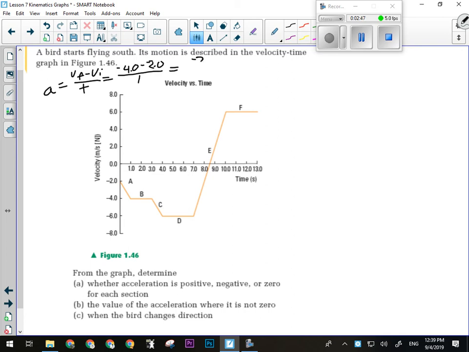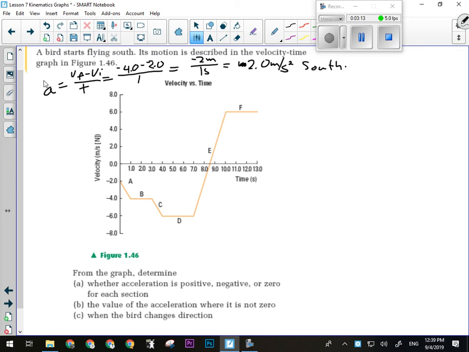That takes 1 second, so our acceleration during that time is negative 2.0 meters per second squared. Instead of saying negative, since we were given a direction, we would say south, because the directions given to us were south and north. Everyone all right with that?